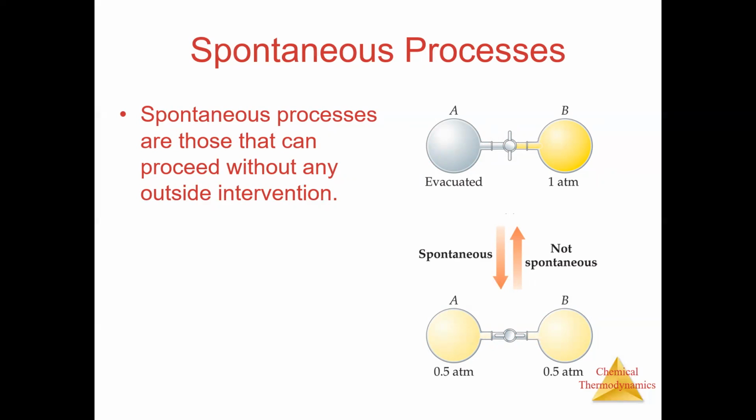Once the stopcock is opened, the gas present in bulb B is going to get transferred to bulb A till the volume of the gas becomes similar in both the bulbs. So that is spontaneous. Now, to get back the original condition, the reverse is not at all possible on its own.